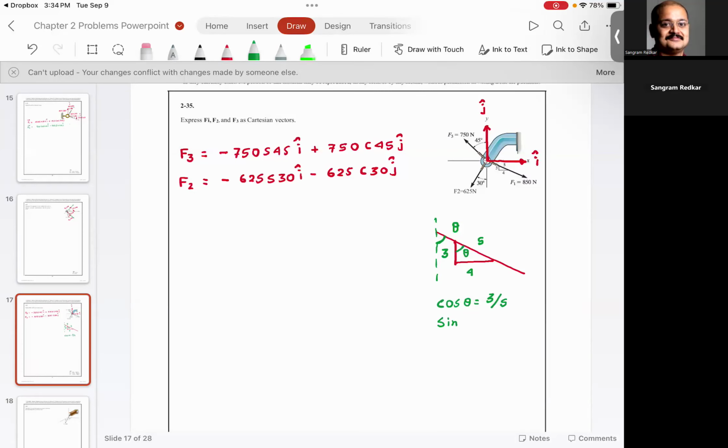Sine theta is equal to 4 by 5. Do you agree with me? Because they have not given us the angles explicitly, but they have drawn the triangle so that we can identify the angles.